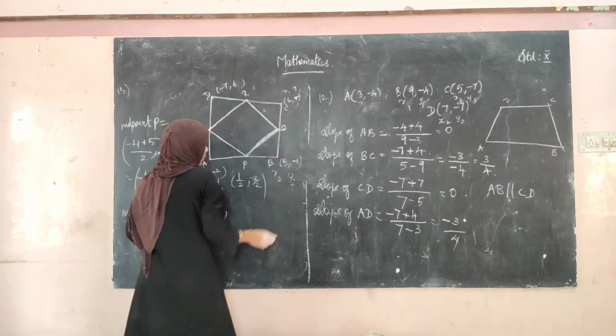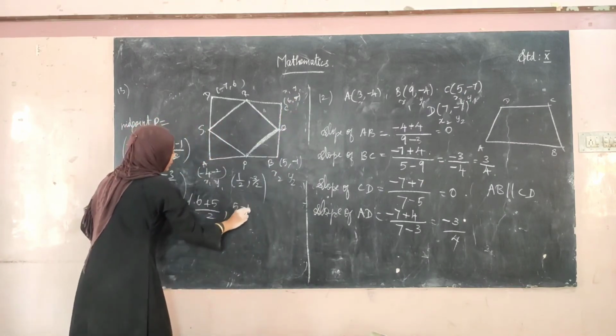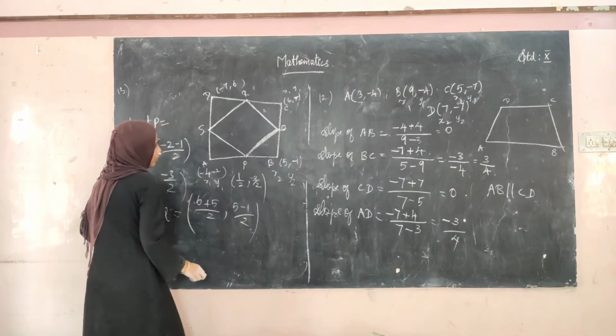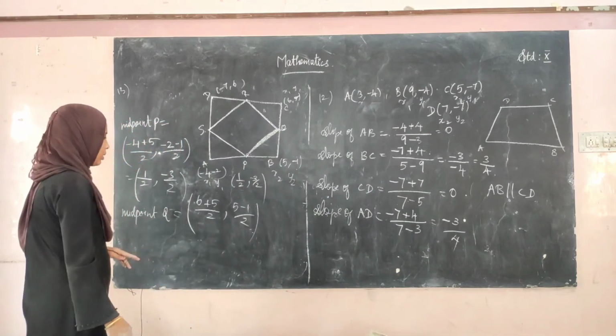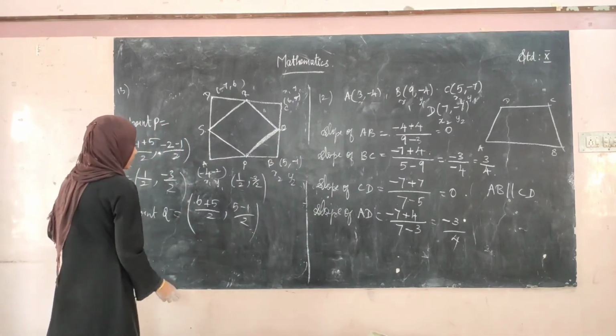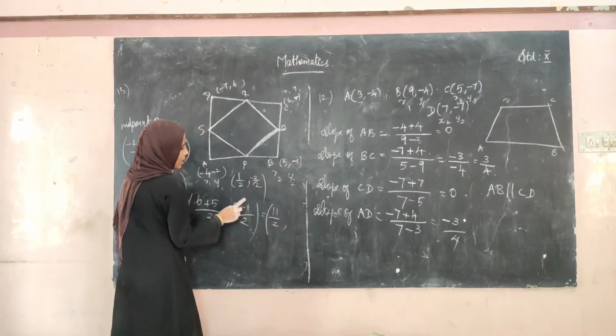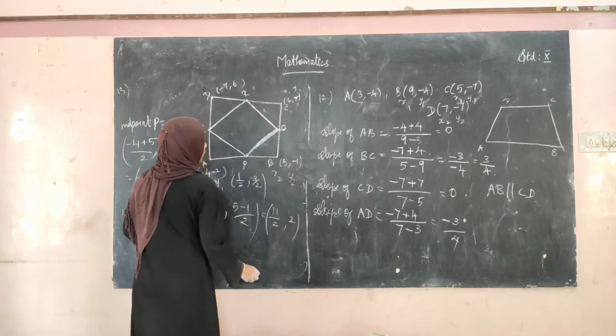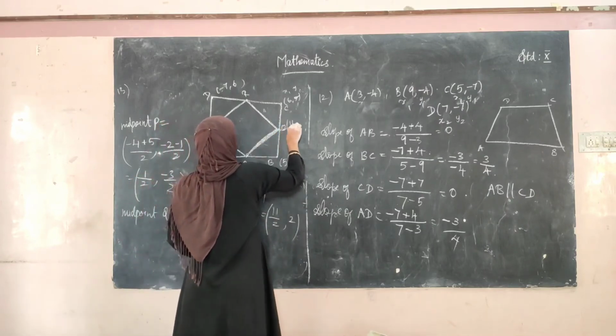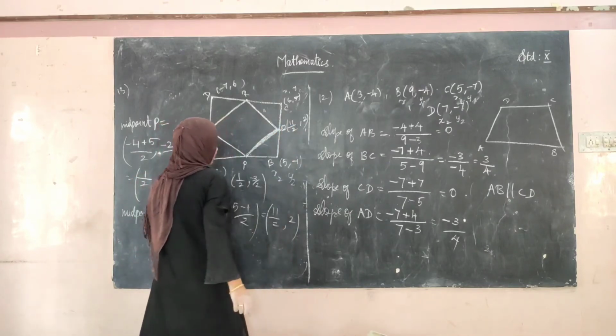So 5 minus 1 divided by 2, which is equal to 6 plus 5 is 11 divided by 2, 5 minus 1 is 4, 4 divided by 2 is 2. So this is 11 divided by 2 comma 2.